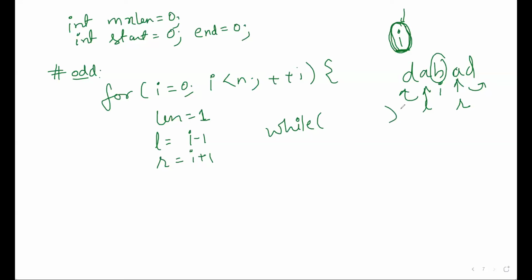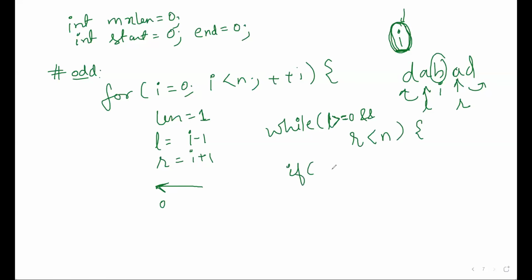So first they need to be valid. Valid in the sense L need to be greater than equal to 0 because we are decrementing L. So the last valid index in left side is 0. So your left need to be greater than equal to 0 and your right need to be less than n. This condition need to be satisfied. Your left and right indexes need to be valid.